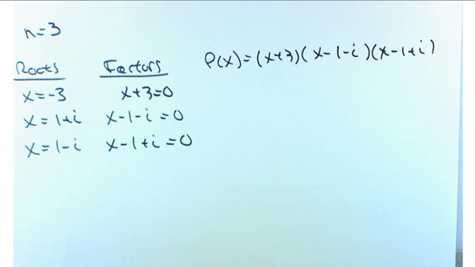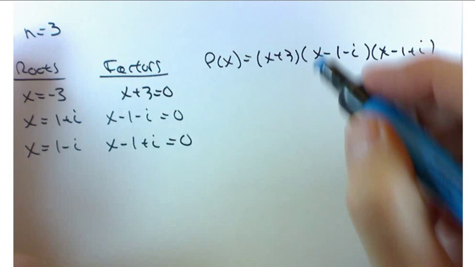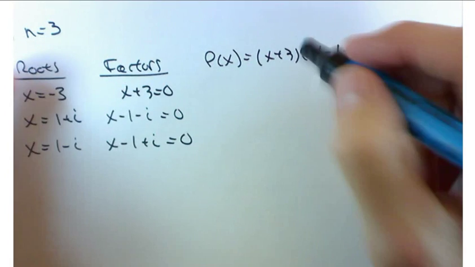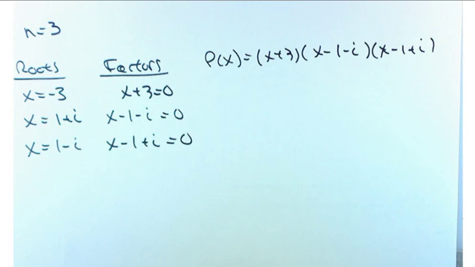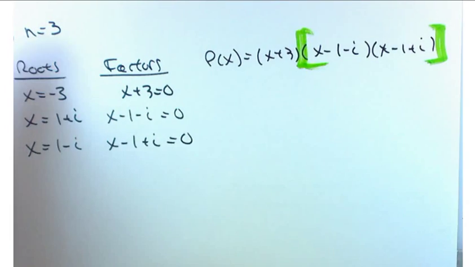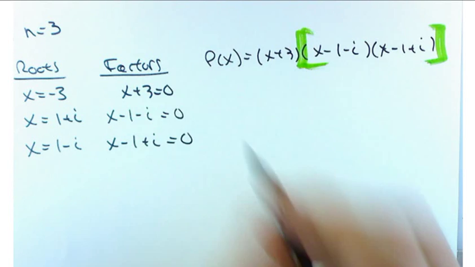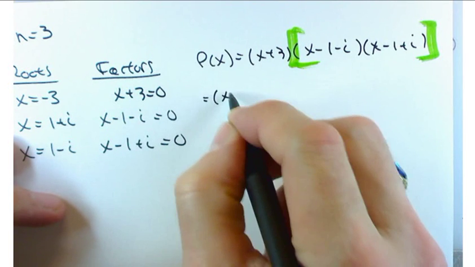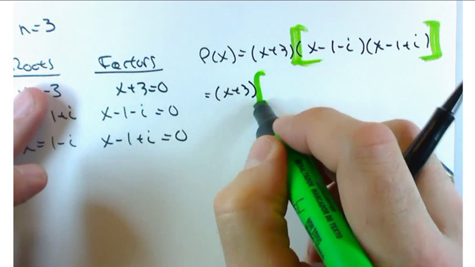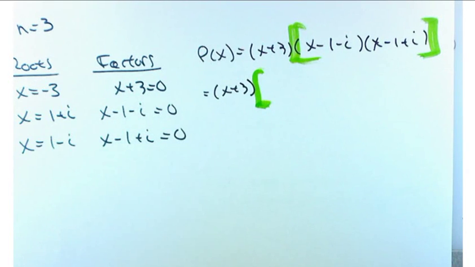There's a couple ways to do this, but regardless of exactly how you do it, you should start with multiplying these two together. So let's do that. And I'll show you both ways. I'll let you choose whichever one you like. The first way to do it is kind of brute force.